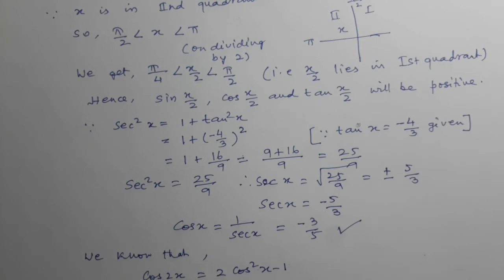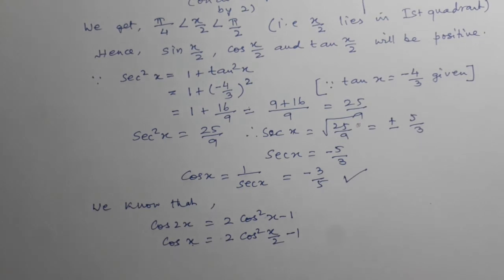So cos x will be 2 cos square x by 2 minus 1. It is divided, 2x is divided by 2, so it became x. X is also divided by 2, right?